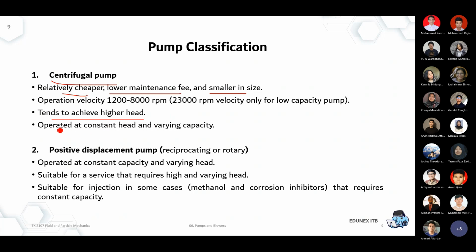I will explain a little bit later about this one, and I would say this is one of the main advantages of the centrifugal pump. One of the main advantages is you can operate at constant head and varying capacity. What does that mean? Usually later we will have something that is called a pump curve. It explains the minimum and the maximum range of operation that can be handled by one particular centrifugal pump. So maybe it will look something like this.